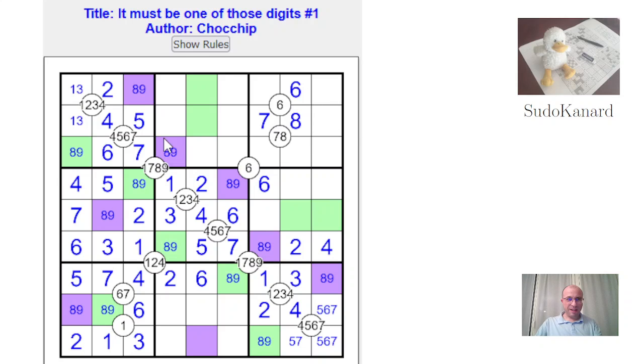In this area, yes, in this area, purple has to be here because of this and that. So we now know that 8 is purple, and I think we have all of them. And green is 9.